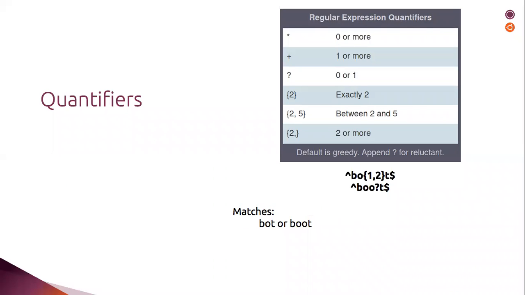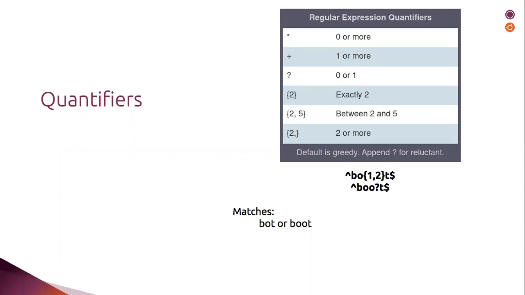These two regular expressions are equivalent. They do exactly the same thing, but they use two different kinds of quantifiers to do it. They both match the words bot or boot. The first regular expression says, I need the letter B, then I need the letter O, and then it has these curly braces with two numbers inside it.